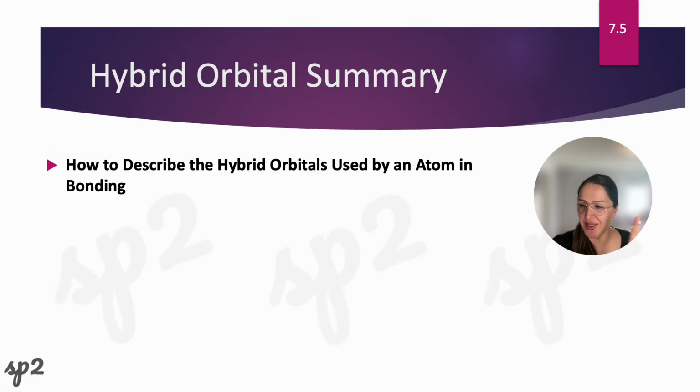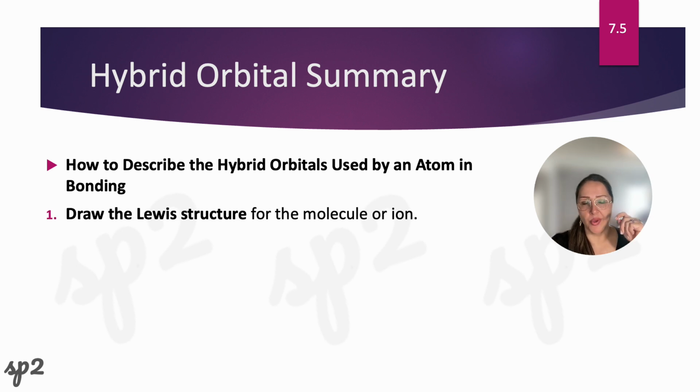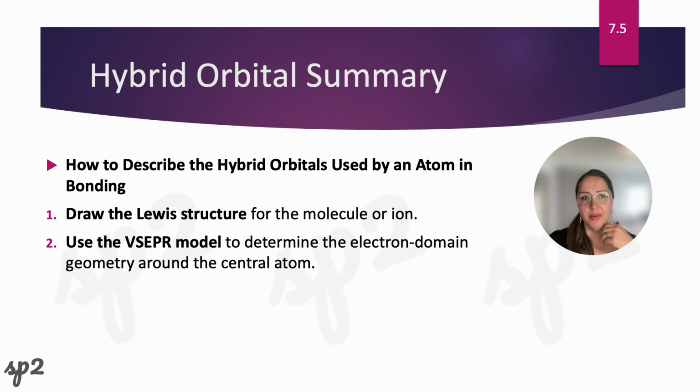Let's summarize everything. There are going to be a couple of slides for a summary. Starting with this one, how to describe the hybrid orbitals used by an atom in our bonding. Our job is to start by drawing the Lewis structure for either the molecule or the ion, depending on which one is given. Then we're going to go ahead with the VSEPR model to determine the electron domain geometry around the center.